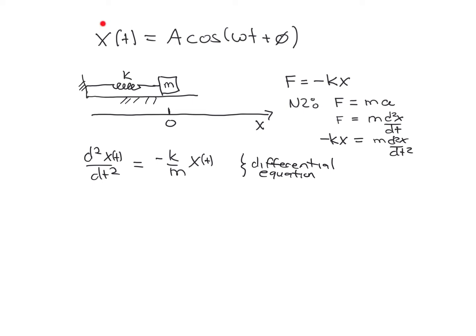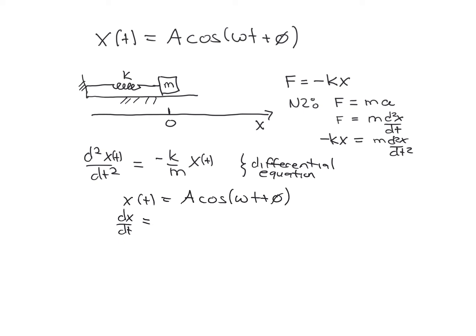If we have a function x of t of this form, let me write it again, if x of t is equal to a cosine omega t plus phi, then what's dx dt? I want to calculate the first derivative. I need that in order to calculate the second derivative. So dx dt, when you differentiate cosine, you get a sine, but with a minus out in front.